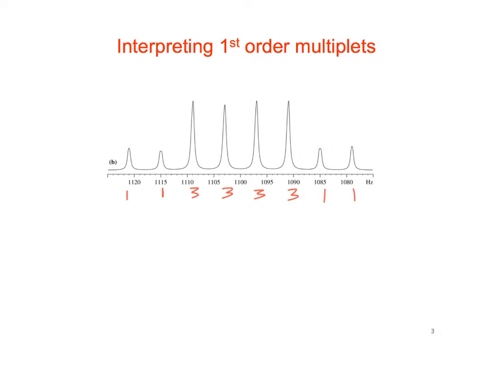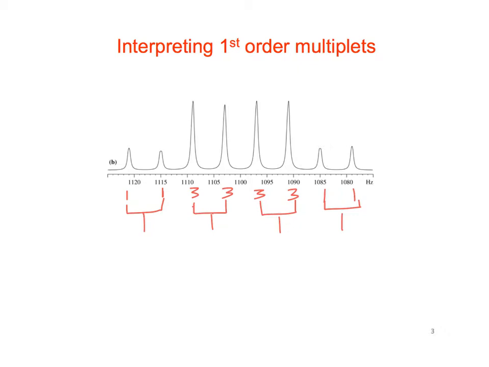So what's going to be the first splitting? A doublet, right? So we're going to bring these two together, these two together, these two together, and these two together. And notice, if you're going to measure coupling constants, you have to make sure you're measuring the right thing.